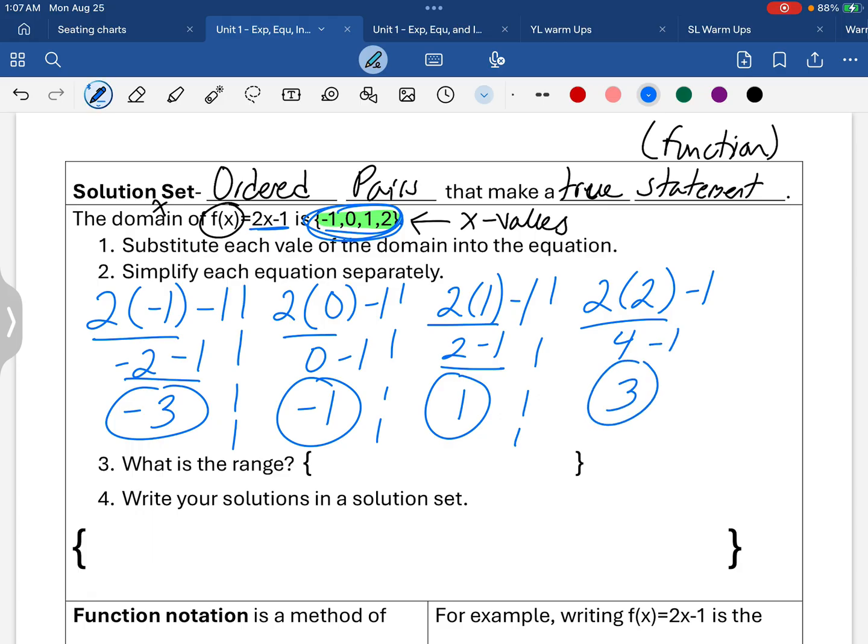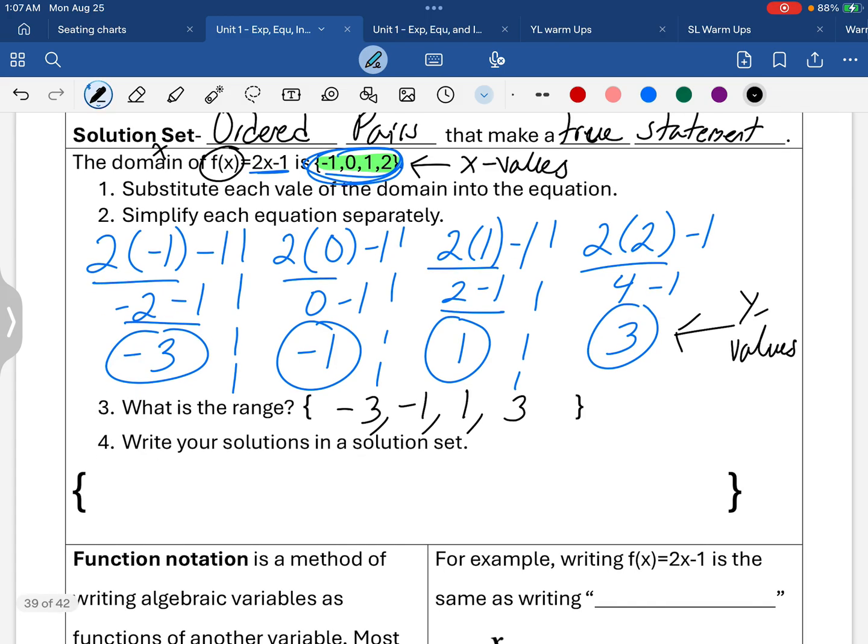So it says, what is the range? Well, all these numbers down here, those are my y values, which means they are the range. So we would have negative 3, negative 1, 1, and positive 3. So then it says, write your answers in a solution set. Well, for my first x value, we had negative 1, and we found out that negative 3 goes with negative 1.